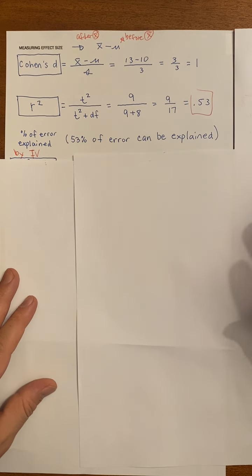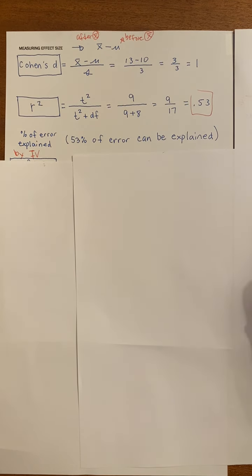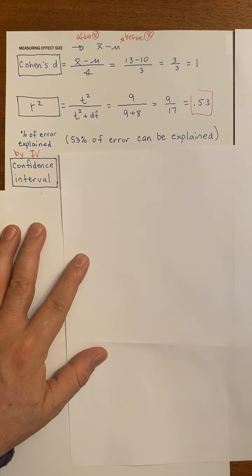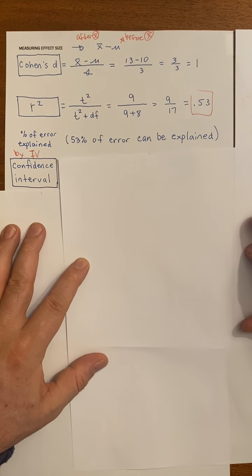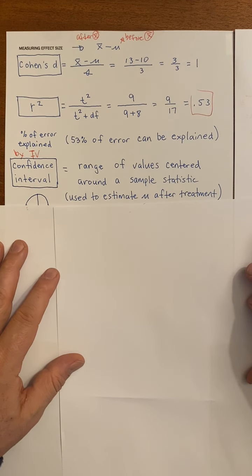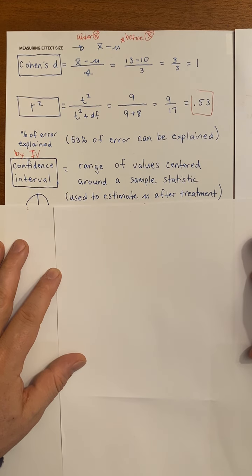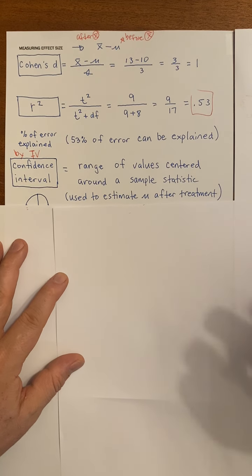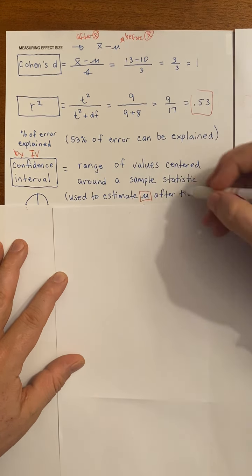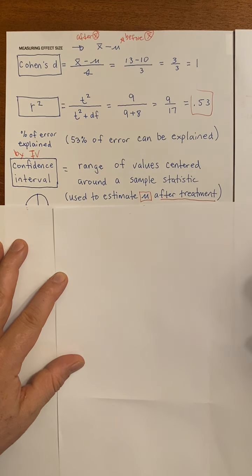Okay, so now I want to move on to one other way that we can talk about effect size, and that is with regard to this thing called confidence interval. What is a confidence interval? Well, here I'm defining it as a range of values centered around a sample statistic, and it's used to estimate a population mean after treatment, right?